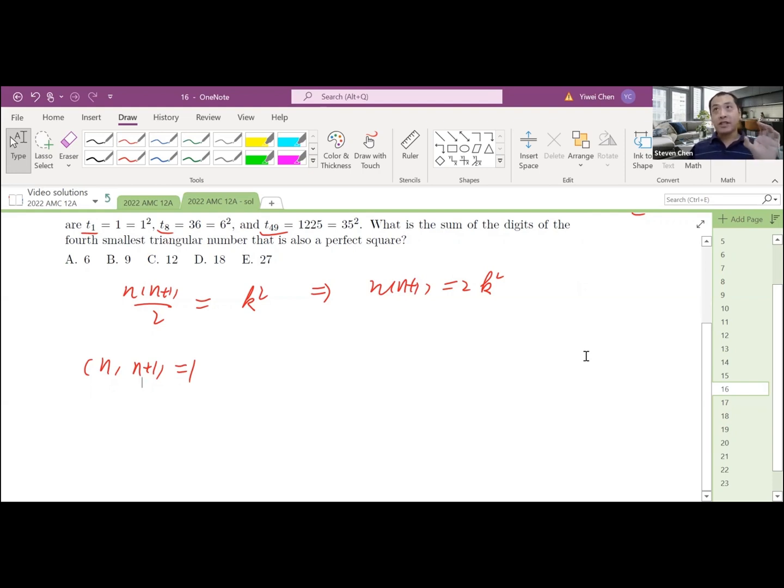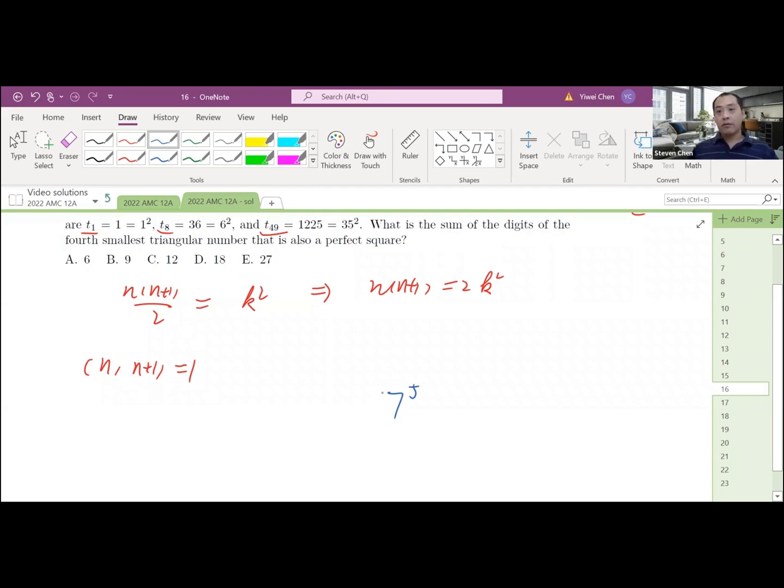The second observation is here. Let's look at k. Let's do the prime factorization of k. Suppose we get a prime factor, for instance 7, and its multiplicity is 5. Suppose this is one factor in k. Please note that on the right-hand side, we have k squared.